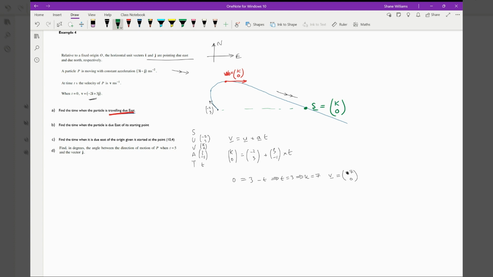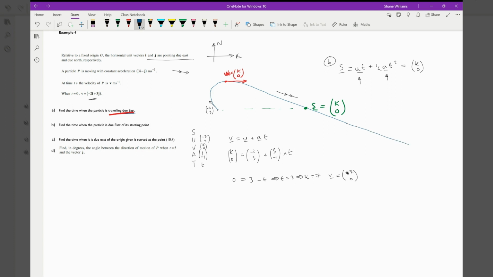So now we can work with our displacement equations instead. So we can go to s equals ut plus half at squared, plug in our u, plug in our a, and make that equal to (k, 0) and solve to find t. So that's for part B.